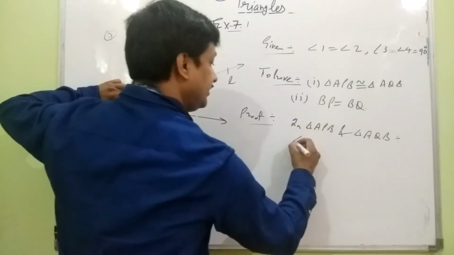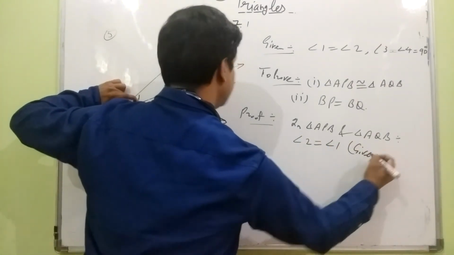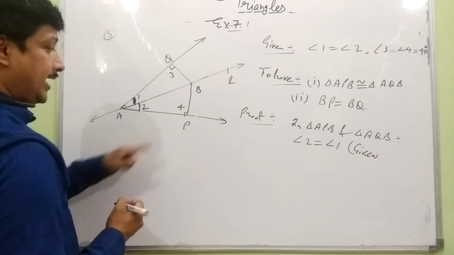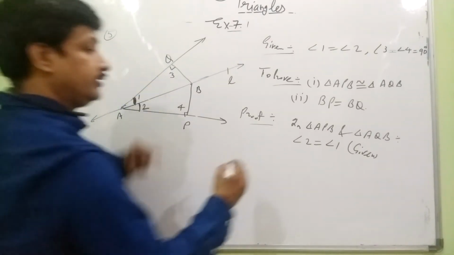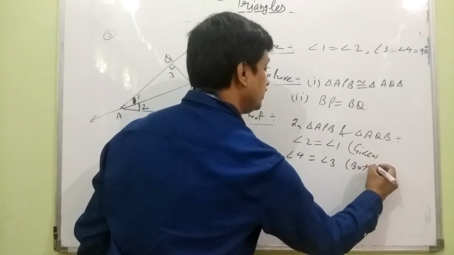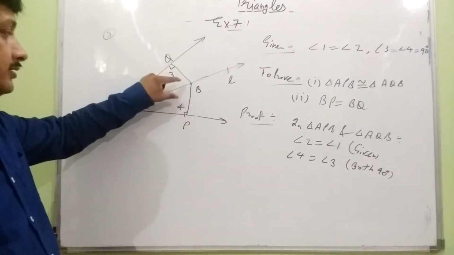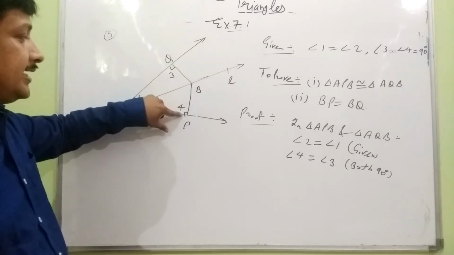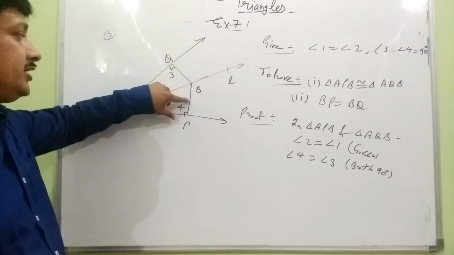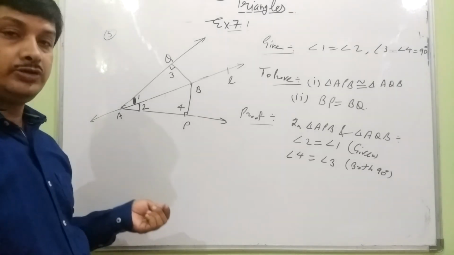Because it is in triangle APB. It is given to us. Second thing, angle 4 is equal to angle 3, because these are both 90 degrees. These line segments are making 90-degree angles, they are perpendiculars to the arms. So angle 4 equal to angle 3.